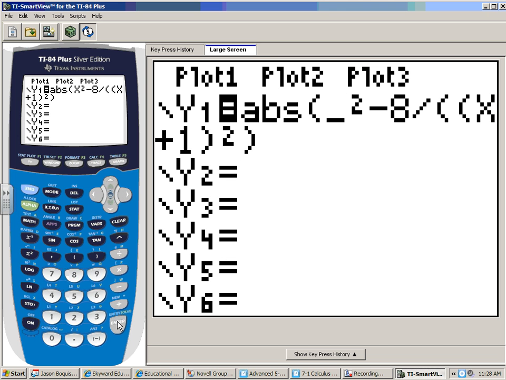Insert it in, but then if I were you, just to make sure, I'd probably go back down there and close off. Now let's look at these parentheses. There's a ton of them.